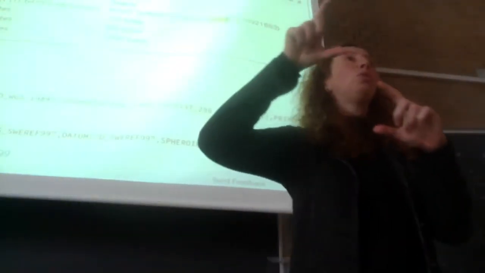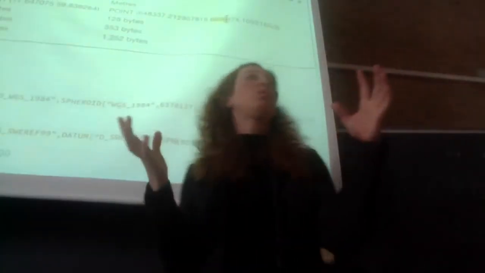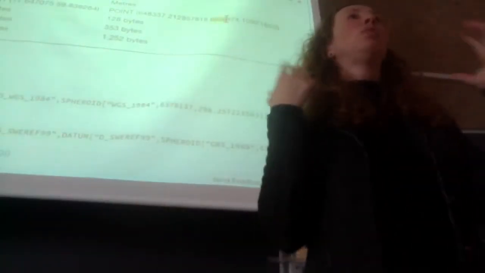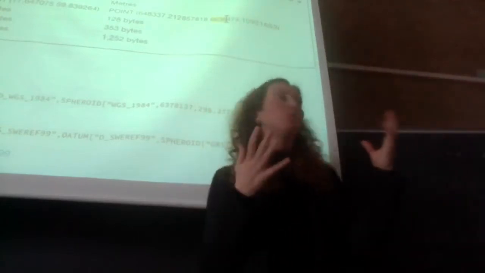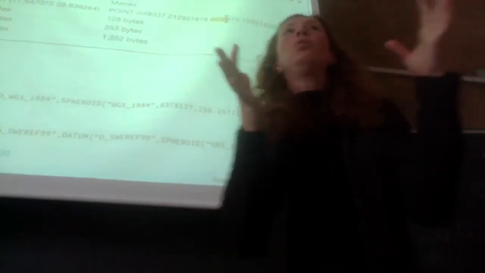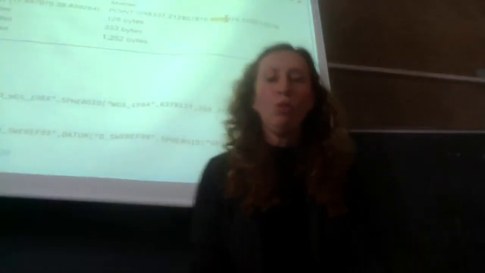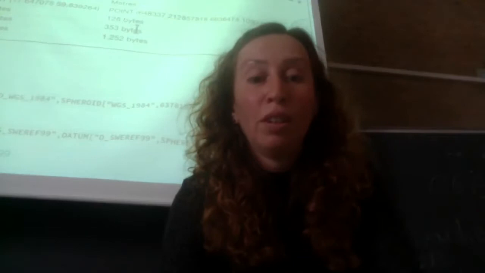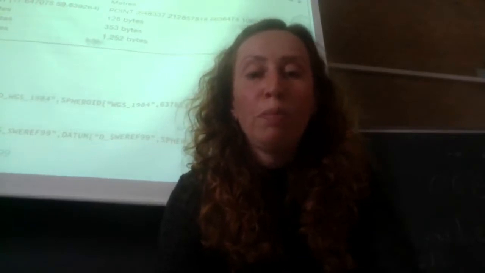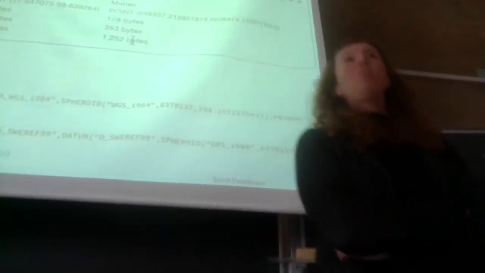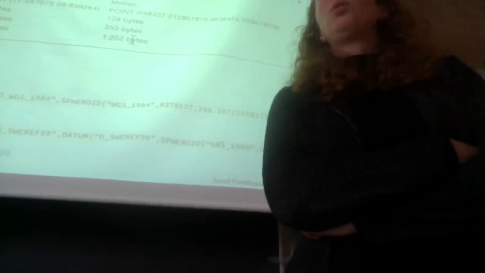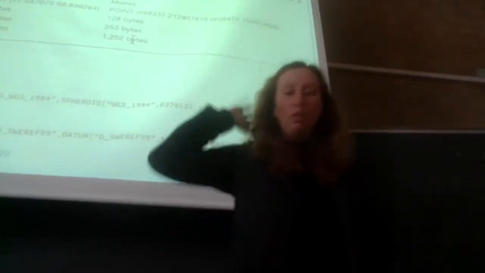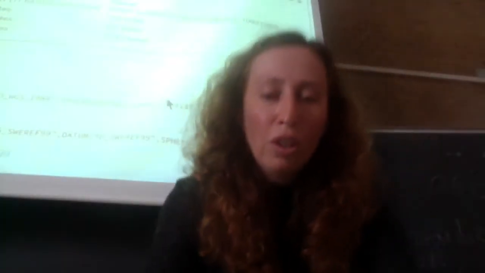These are the units. If I add one, I just added one meter. So you can actually use these coordinates to calculate distances, as if it's flat, if the distances are small. But if you look at the sizes, the WKT is bigger, the GeoJSON is bigger, but the shapefiles are considerably bigger just for one small point. So just remember that.